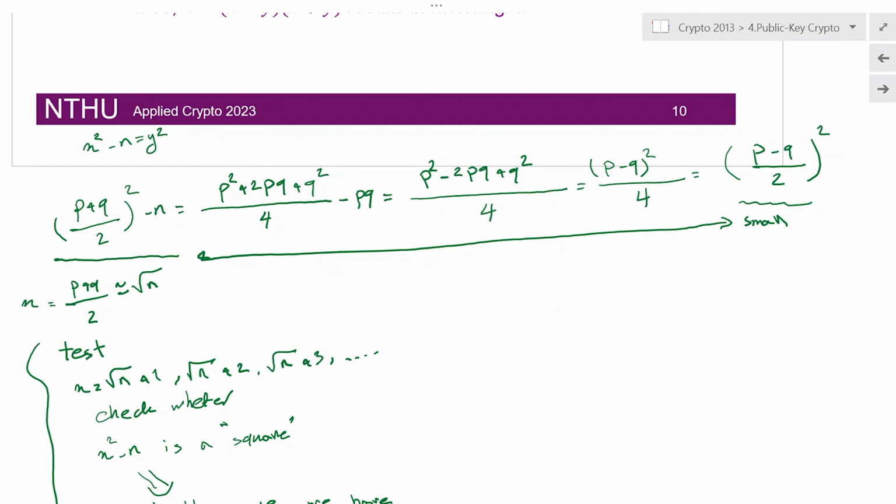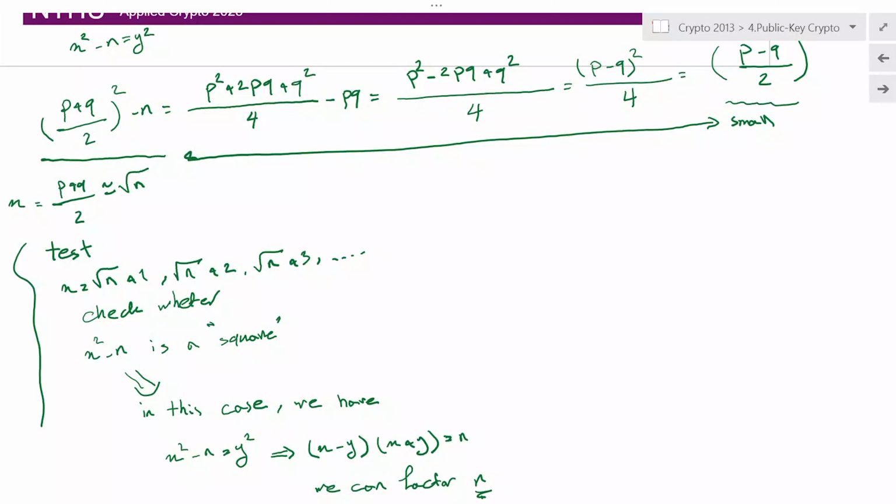and hopefully after some small checks, I'll find that when I choose one of these x's, the result that I get, whatever number I get to the power 2 minus n, becomes another square. I don't know, for example, 4, 16, 81, whatever number that is a square.